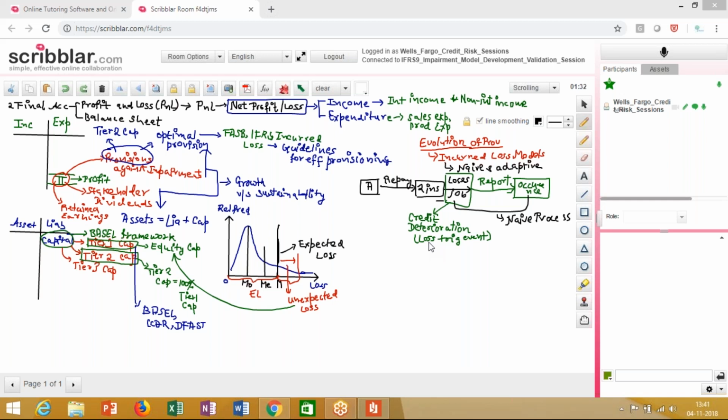How did ALLL come in? How did IFRS 9 come in? And what are the key differences between these two approaches, right? That is what we would be doing in the next class.